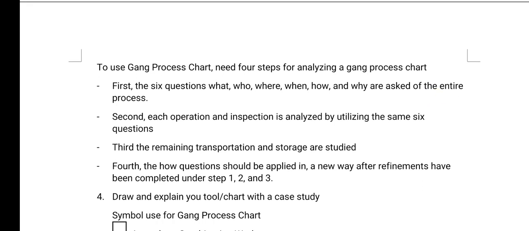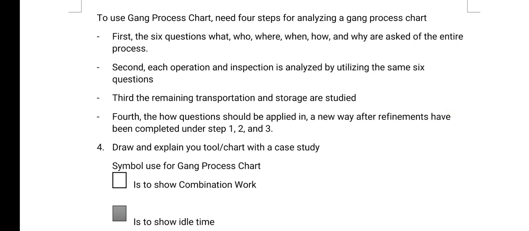Second, each operation and inspection is analyzed by asking the same 6 questions. Third, the remaining transportation and storage are studied. Four, the last step is how the question should be applied in the new way after refinement has been completed under steps 1, 2, and 3.